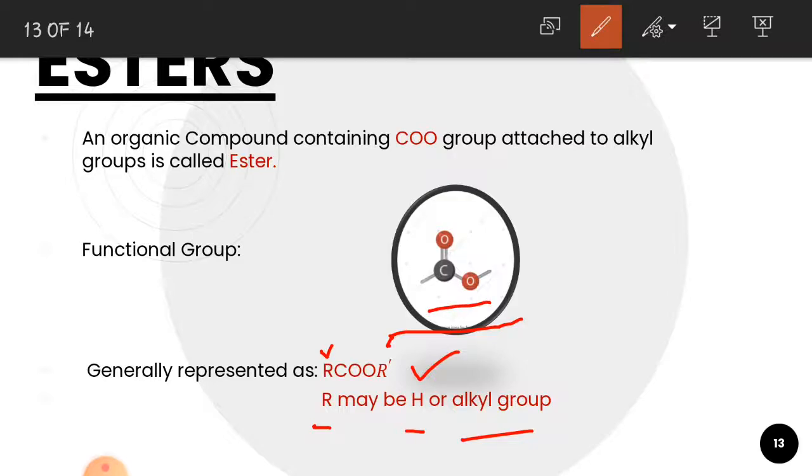In esters, this oxygen atom should be attached to an alkyl group in order to classify that compound as an ester. If this oxygen atom is not attached to an alkyl group but to a hydrogen atom, then that organic compound will not be classified as an ester but as a carboxylic acid.